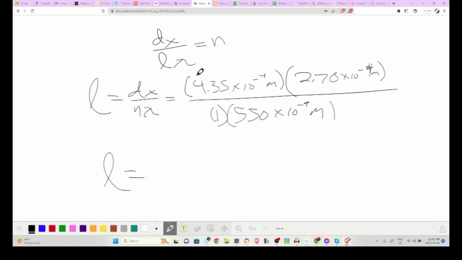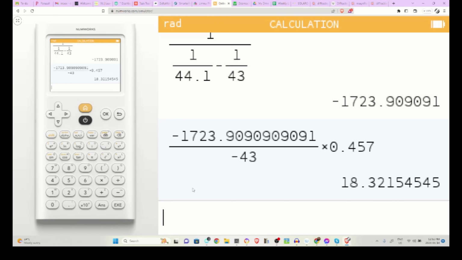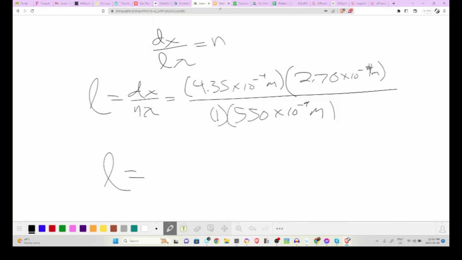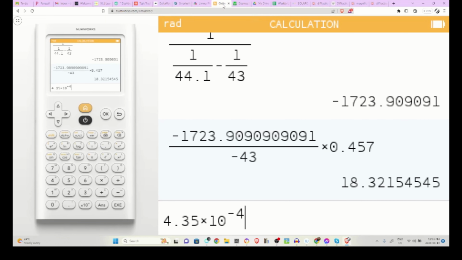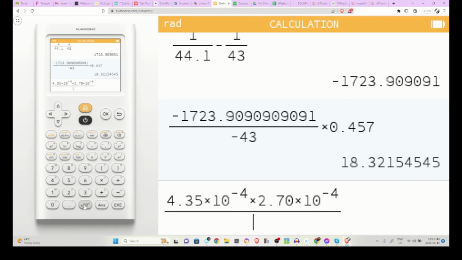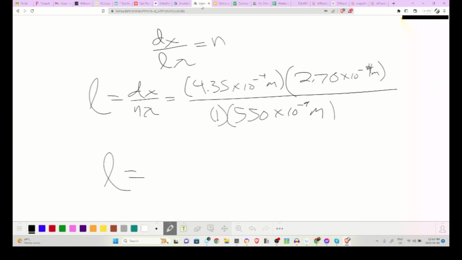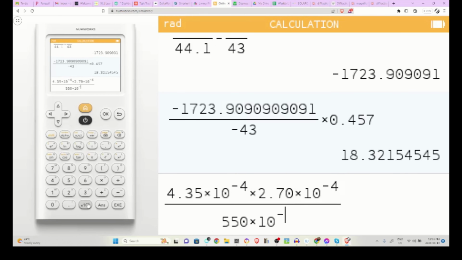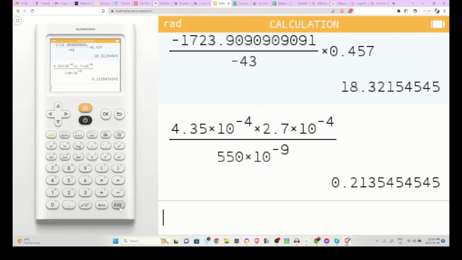So we have 4.35 times 10 to the negative 4, multiplied by 2.7 times 10 to the negative 4, divided by our 550 times 10 to the negative 9, times 1.